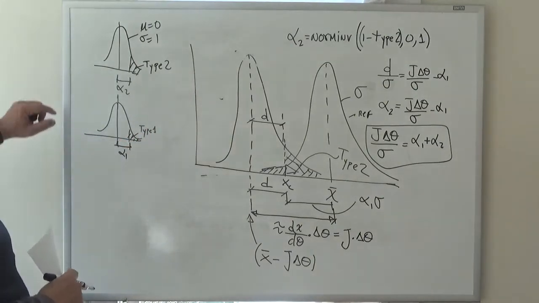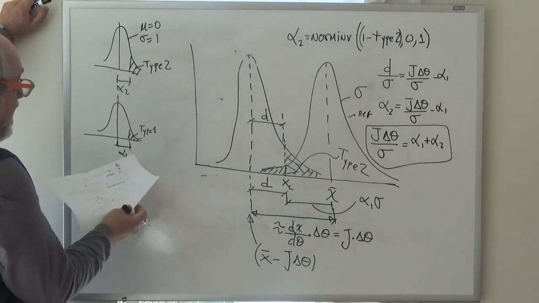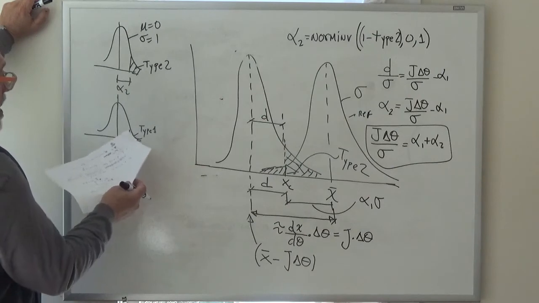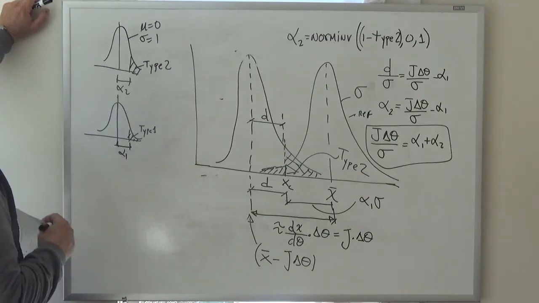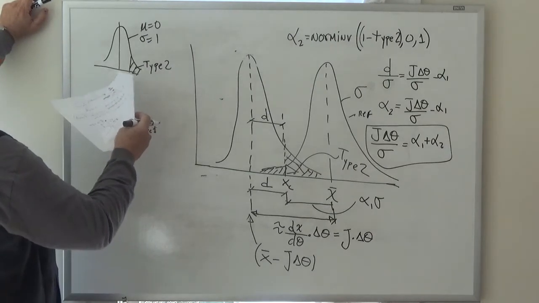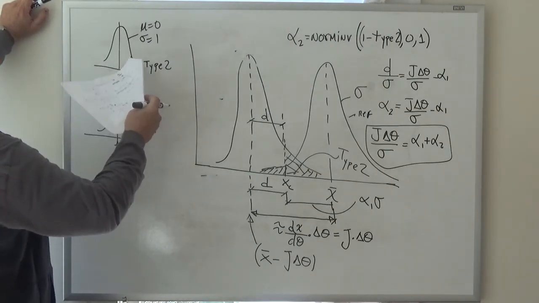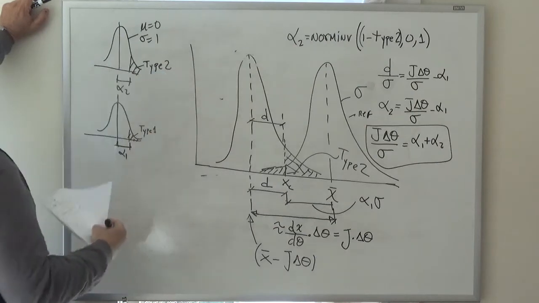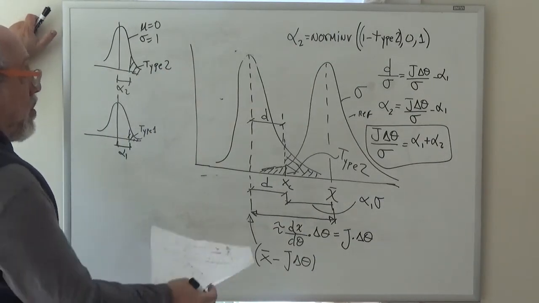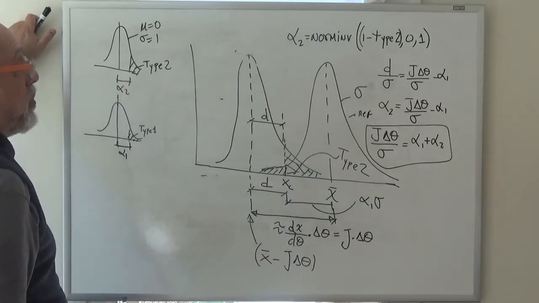Okay. So alpha 1 is how many standard deviations you need to move to the right so that this area on a normalized distribution is type 1 error. Alpha 2 is how much you move to the right so that this area here is type 2. Okay? And what we find is that there is a relationship by looking at this geometry.